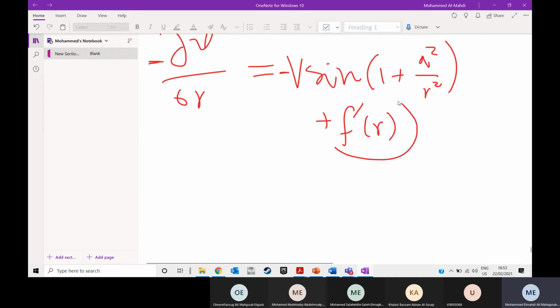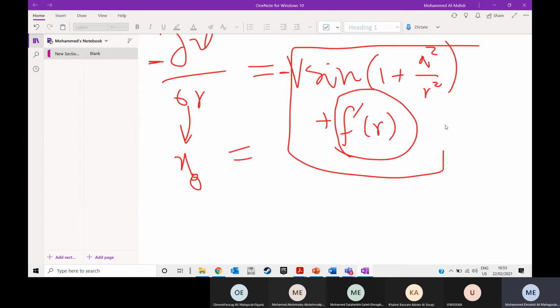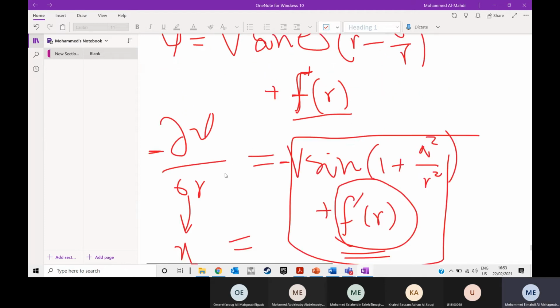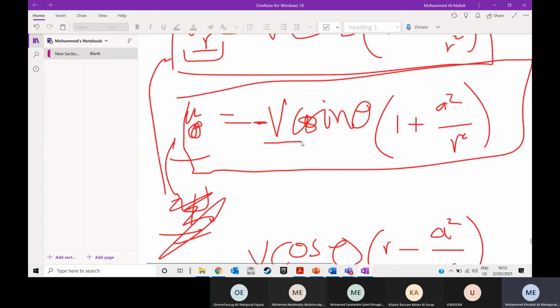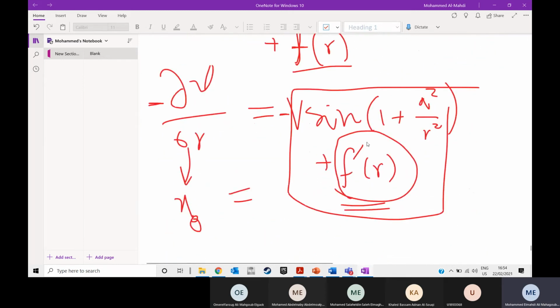How can we get this f prime? Set it equal to u theta and get the unknown. So u theta was minus v sine theta times 1 plus, exactly this expression.